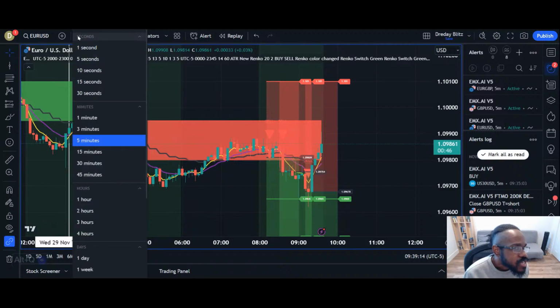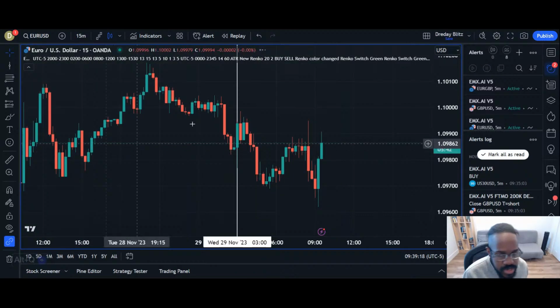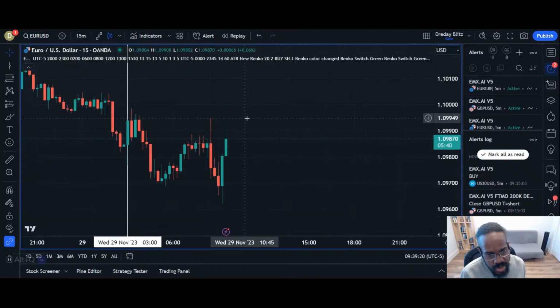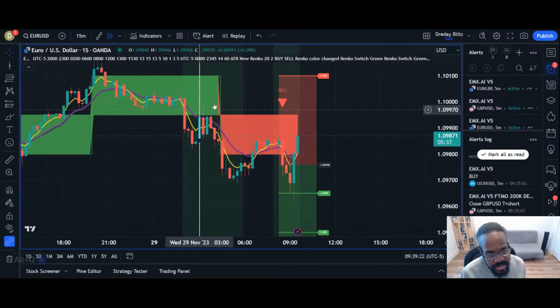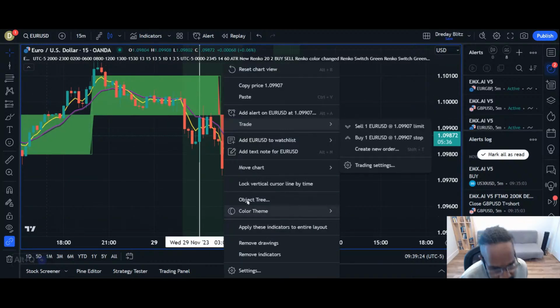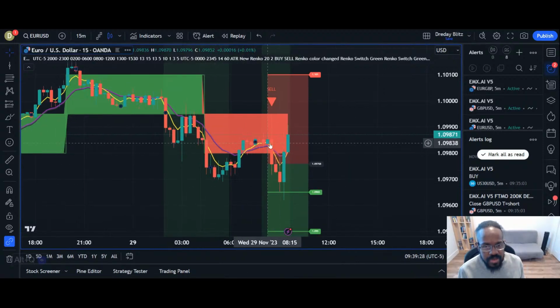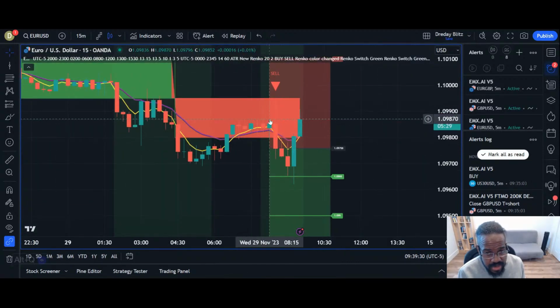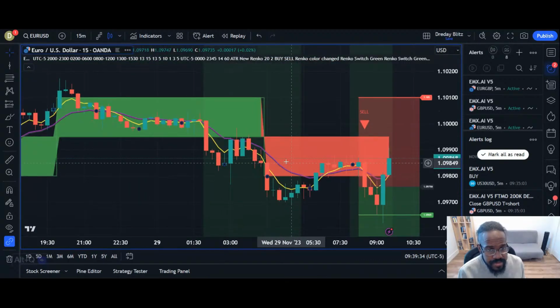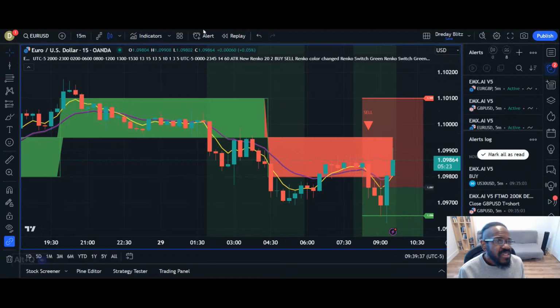I'm just going to change the time of the chart, it's going to be way better. There you go. So we had a sell here on the 15-minute, and it's still good here.